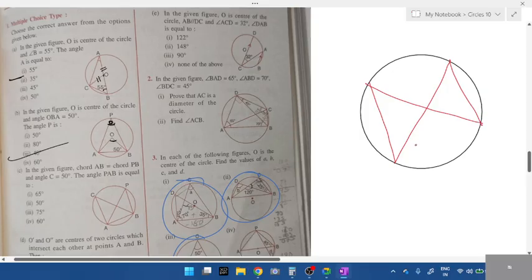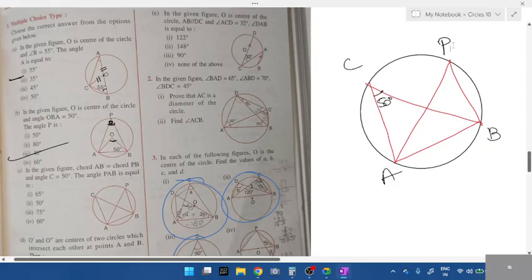Is any center mentioned there? Center is not mentioned. Angle C is how much? 50 degrees. Yeah, try solving this today. Yes, try solving it.